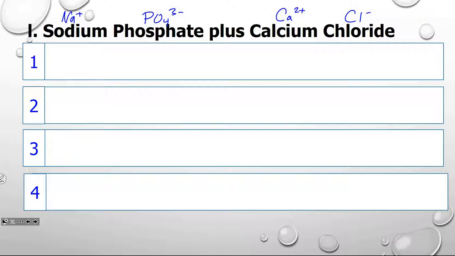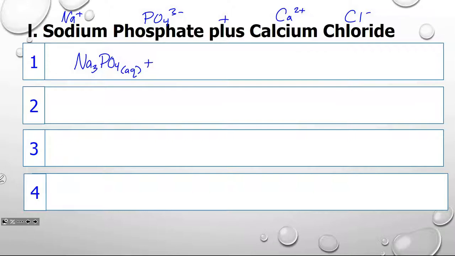Okay, this was a plus in the center, so that tells me I need to stop there. So sodium and phosphate, we've done this one before. We needed 3 sodiums with 1 phosphate, and everything on this side was aq. If I didn't remember that, that's a group 1 metal, and so it'll be soluble.